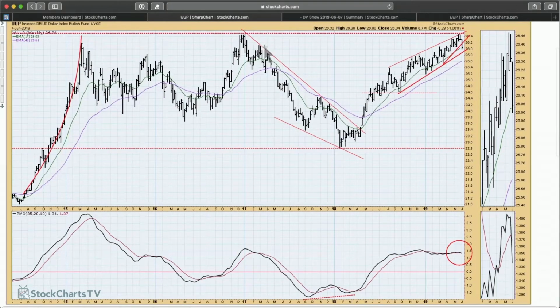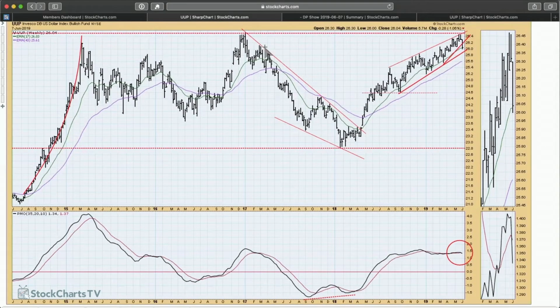And even though we're going to test, maybe even get down through the bottom of that bigger rising wedge, the PMO is still strong. It's positive and still flat. It could become more distorted to the downside next week, but right now, all is not lost.